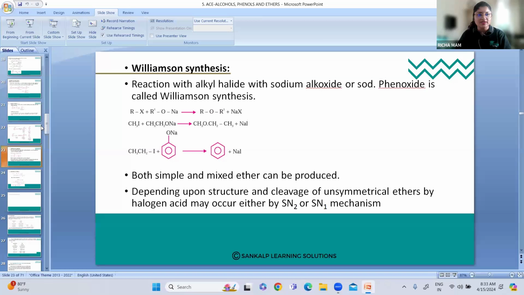Next, some small reactions are there which are important. Let us see that. We have seen the first ones, electrophilic aromatic substitution, then the Reimer-Tiemann reaction.